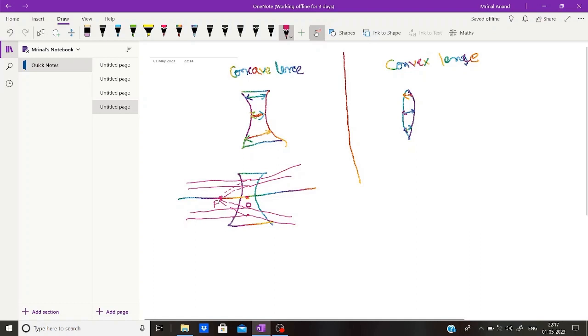So here the image that is forming appears to diverge from this focus. So this is a virtual image.